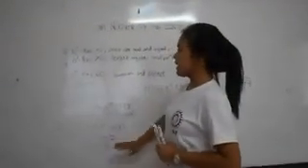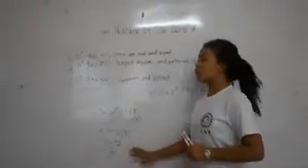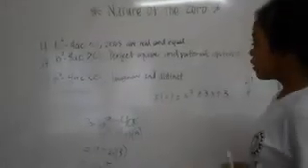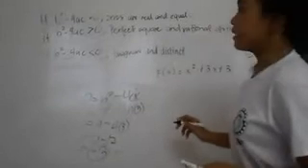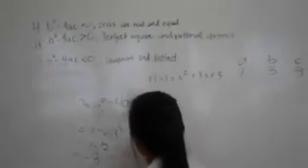The discriminant is negative, so it is less than 0. So the nature of zeros is imaginary and distinct.